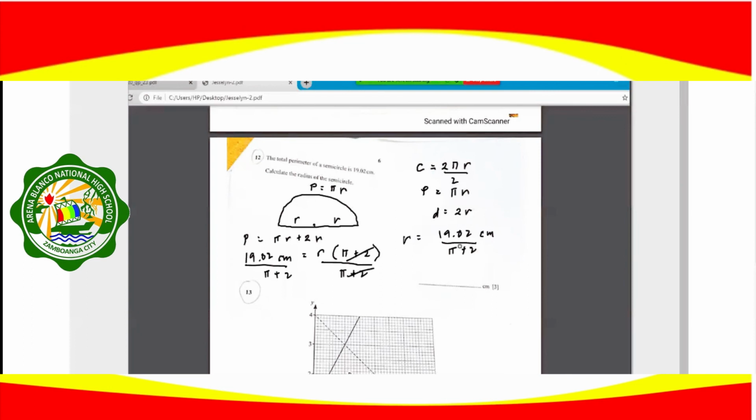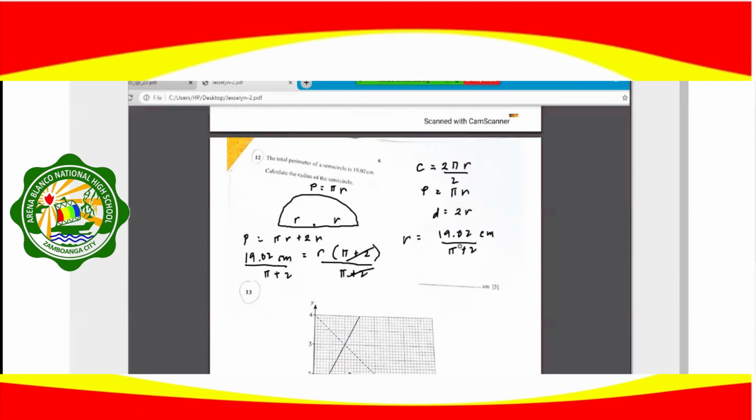So, using your calculator, you have to enter 19.02 all over the quantity of pi plus 2 and then press equal. And you know that pi is, I think, second function, right? Shift and then press exponent, because on top of that you will have your pi, right?